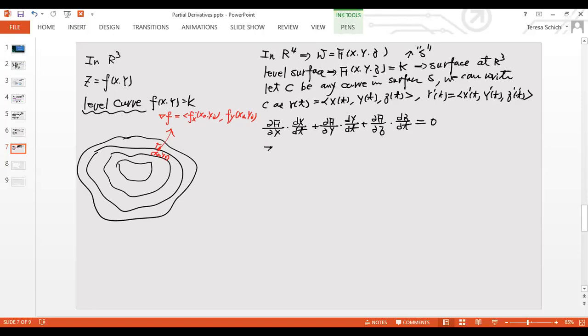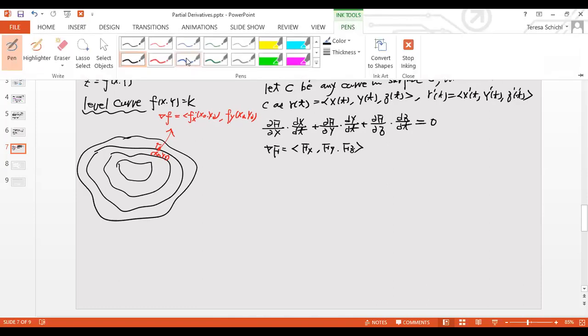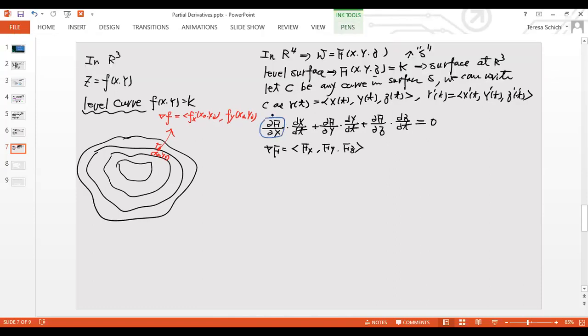We also define del F as partial for x, partial for y, partial for z. So this is F_x, F_y, F_z, and these are x prime(t), y prime(t), z prime(t).